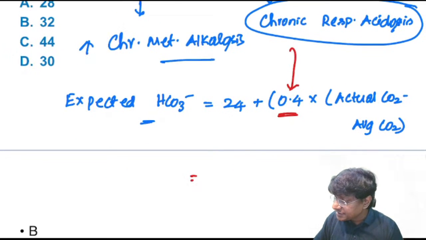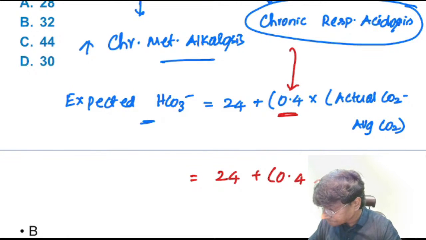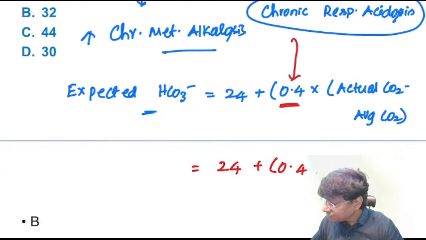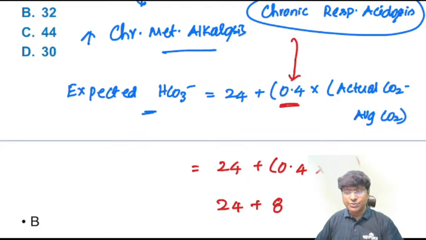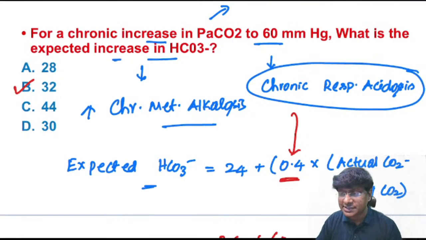Okay, so now how much will it become? 24 plus 0.4 multiplied by around 20, so 24 plus 8, that becomes 32. So the answer to this question is 32. So whatever you said, Trilok Chand and Abir Siri, that 32 is for chronic.